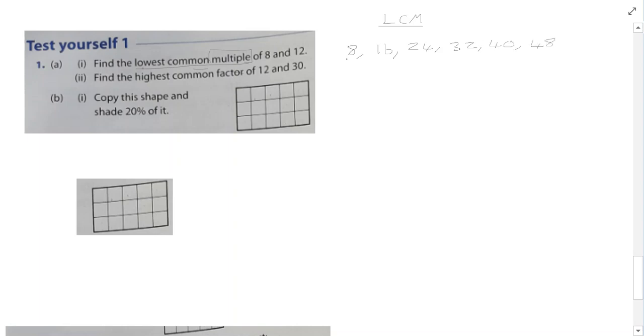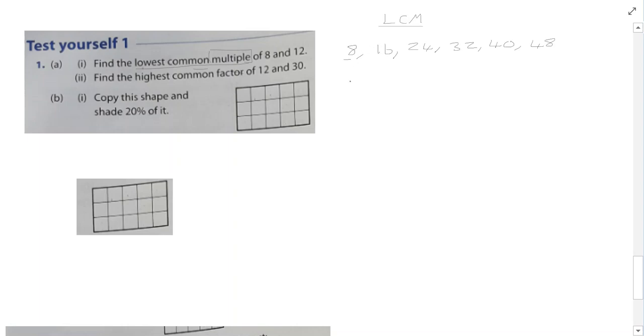So what's happening is we start off with this number and we increase by this number each time. So you have 8 plus 8 is 16, 16 plus 8 is 24, 24 plus 8 is 32, 32 plus 8 is 40, and then 40 plus 8 is 48. So these are multiples of 8.